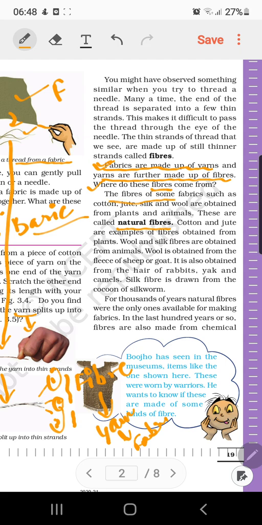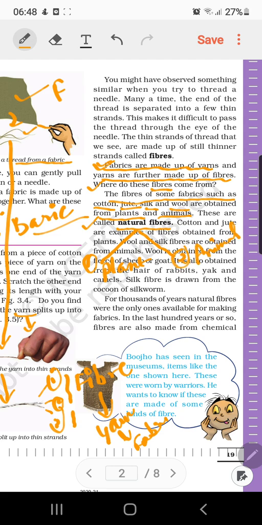The fibers of some fabrics like cotton, jute, silk and wool are obtained from plants and animals, and that's why they are known as natural fibers. Further, natural fibers are classified into two categories: one is plant fiber, and the second is animal fiber.